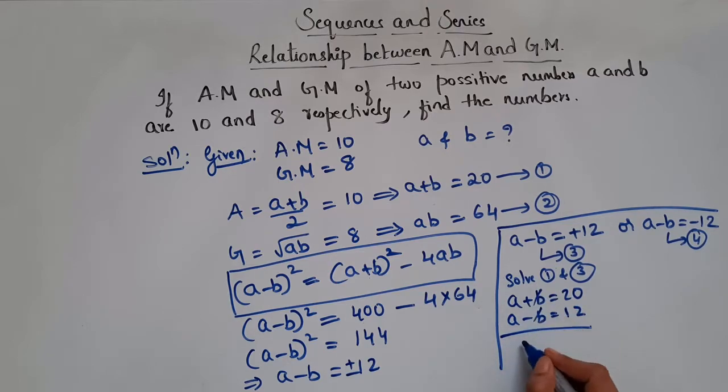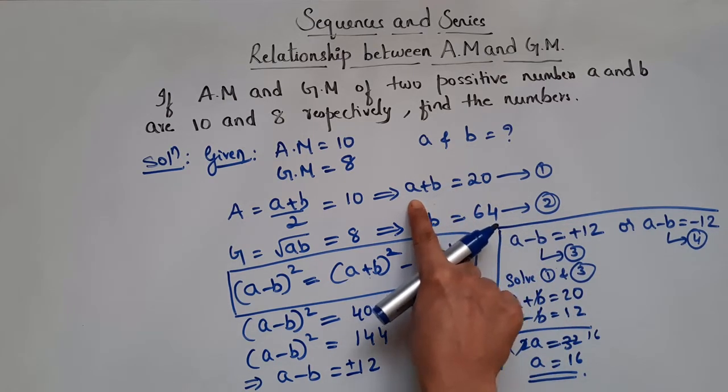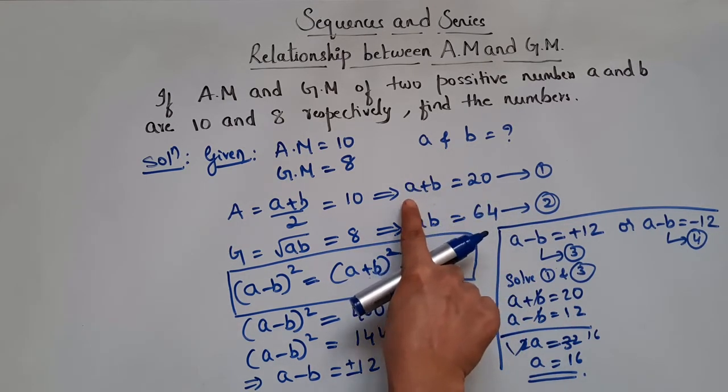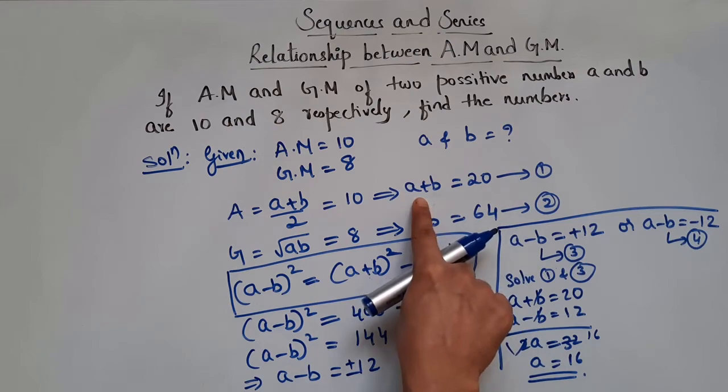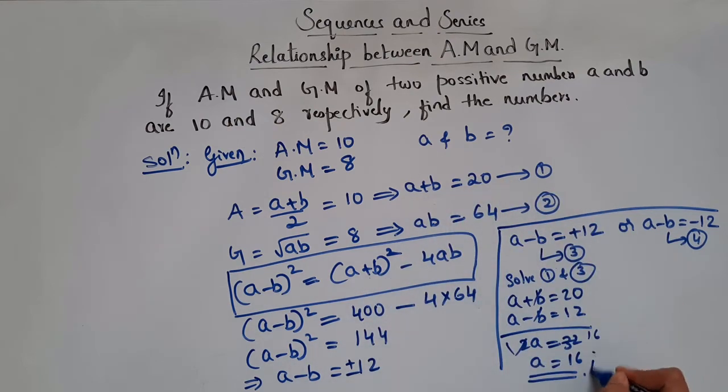So from here a plus a is 2a, which is equal to 32. So a is equal to 2 ones are 2, 2 6s are 12, so a is equal to 16. So let's substitute the value of a in equation 1. So 20 minus 16 will give you b. So 20 minus 16 is 4. So b is equal to 4, right?